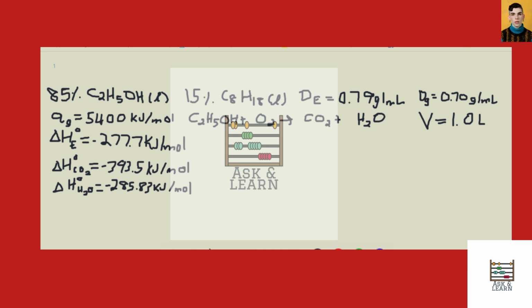So we have the heat of combustion for gasoline, we have to find that for ethanol. So we're going to use Hess's law: delta H of reaction is equal to delta H of products minus delta H of reactants.